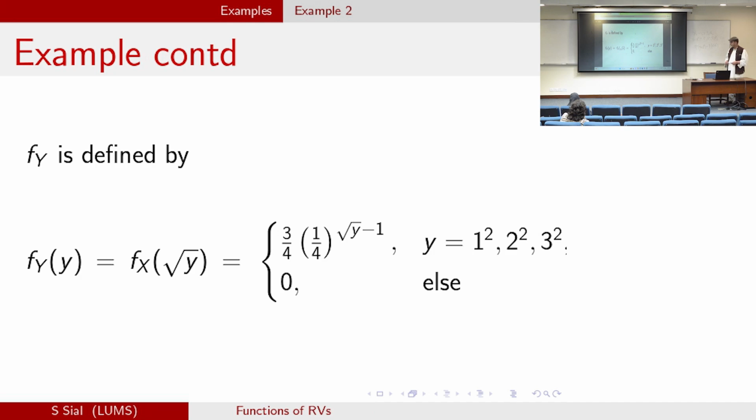Always your PMF has to be defined in such a way that for whatever real number I put as an input to the PMF, it should be defined for that. I should be able to work out what the PMF evaluated at that number is. So the PMF of a discrete random variable can help us find the PMF for a function of that random variable.